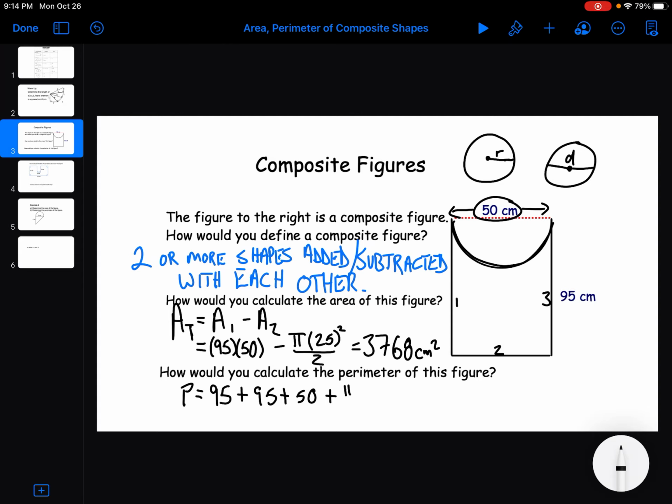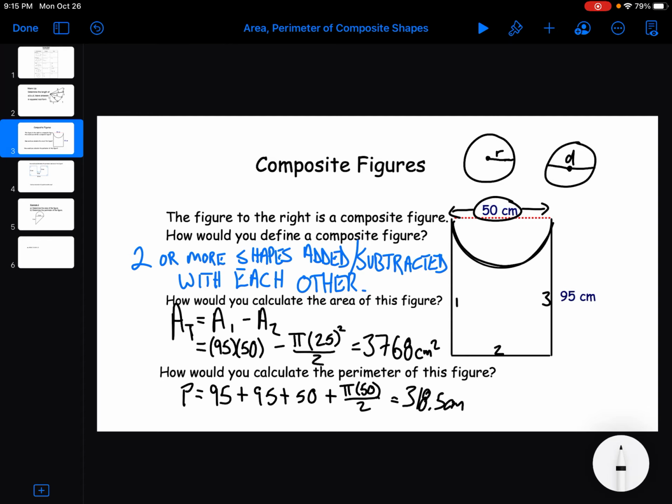So we're going to have pi times d divided by 2. If we did pi times 50 divided by 2, and then added 95 and 50, we'd get 318.5. So it's actually not a hard calculation.